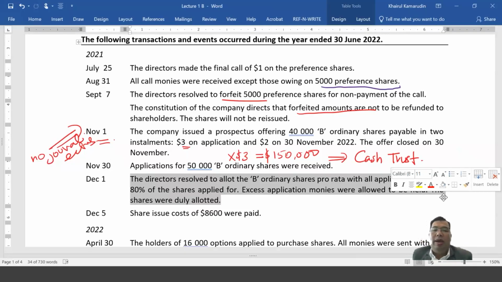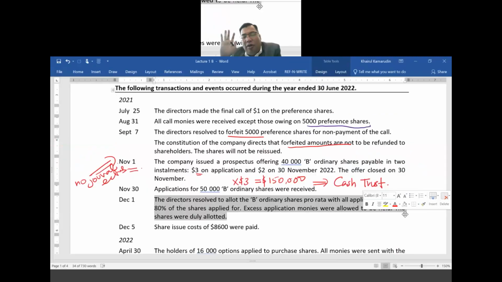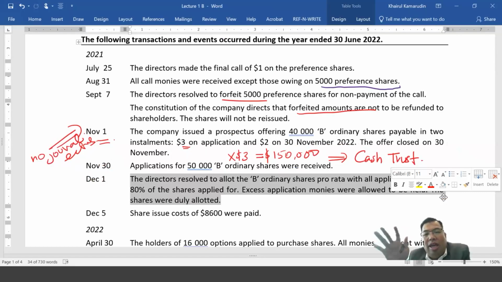It means that though we receive more than what we expect, the 50,000, we're going to give every applicant a chance, a right for the shares. So if you apply for 50, you get 40. If you apply for 10, you get 8. So that is the pro rata. Everybody will get shares.